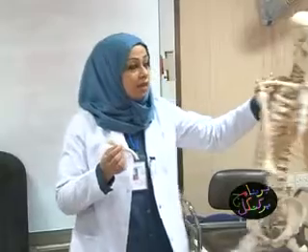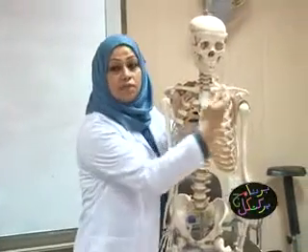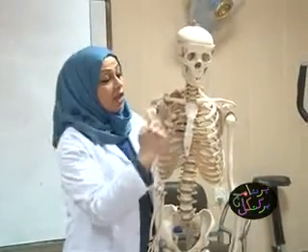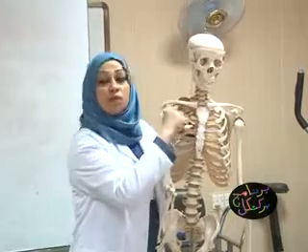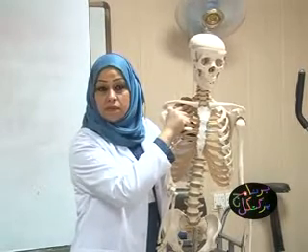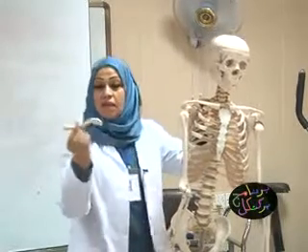Another part of the shoulder girdle is the clavicle. The clavicle is two bones lying on the right and left of the body in the upper part, superior to the first ribs, and it has an S shape.